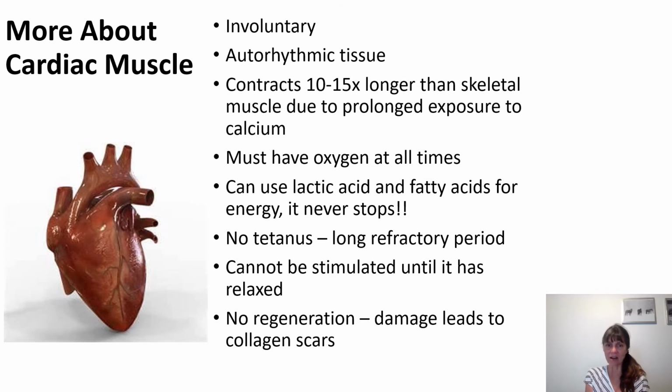It has to have oxygen at all times and can also use lactic and fatty acids for energy because it never stops. Cardiac muscle cannot reach tetany because it has a longer refractory period and also cannot be stimulated until it has relaxed. When cardiac muscle tissue is damaged, it cannot regenerate. Damage leads to collagen scars.